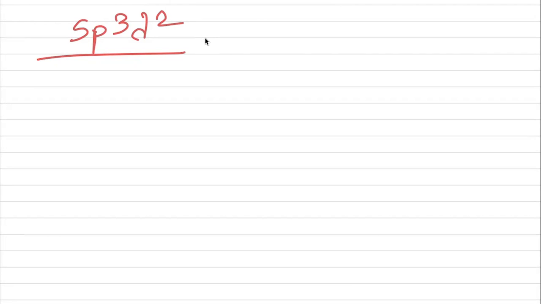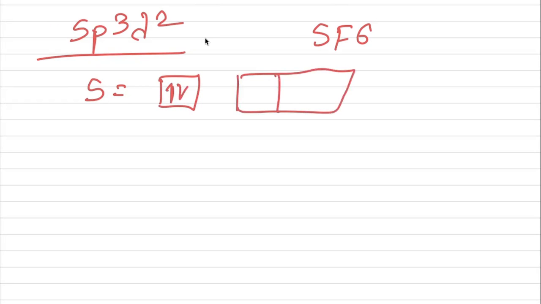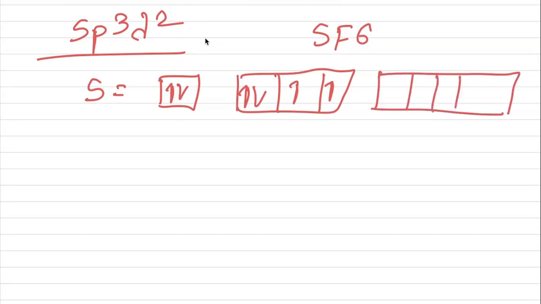So directly, let's see the structure of the SF6 molecule. We have to consider the central atom, that is sulfur. Sulfur has the electronic configuration 3s2 3p4, and obviously the d orbitals remain vacant.